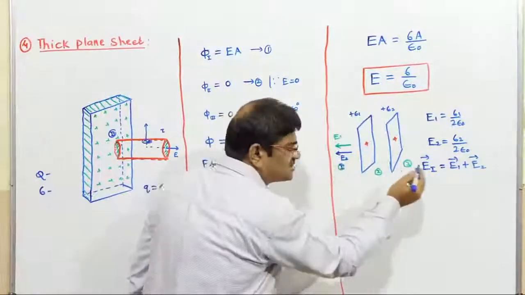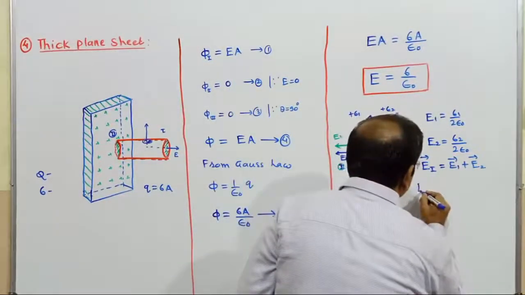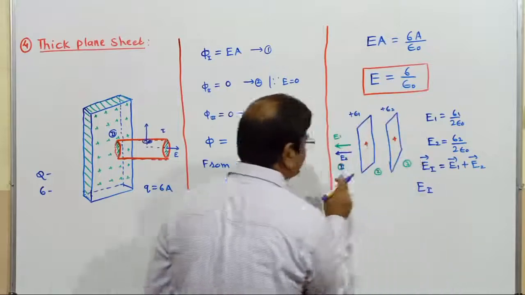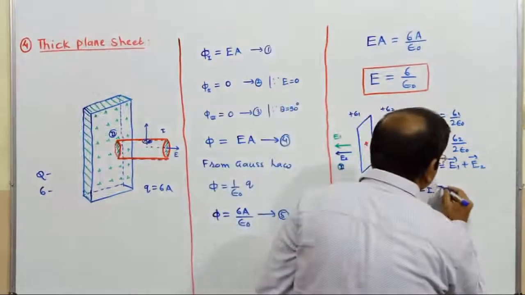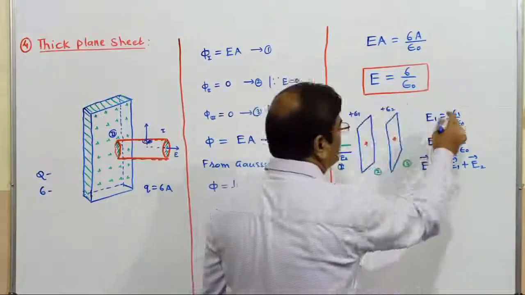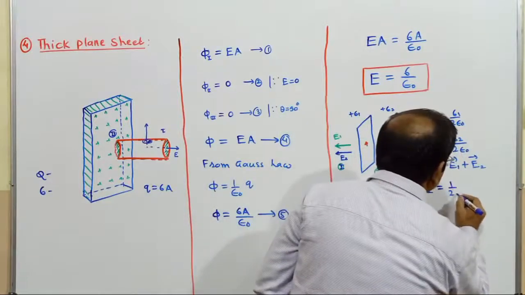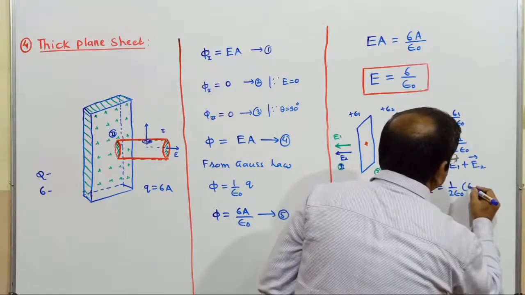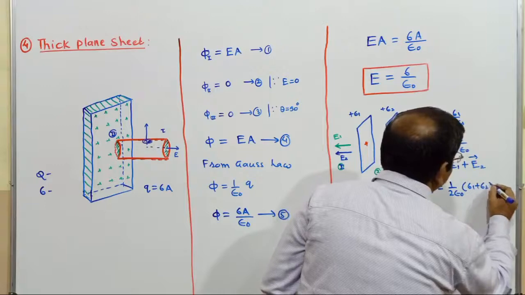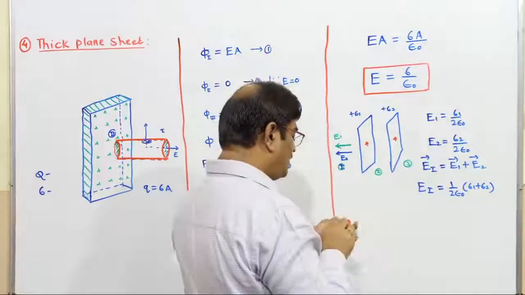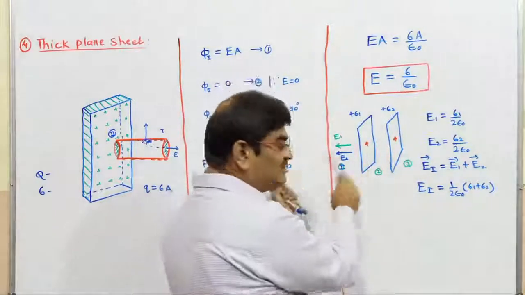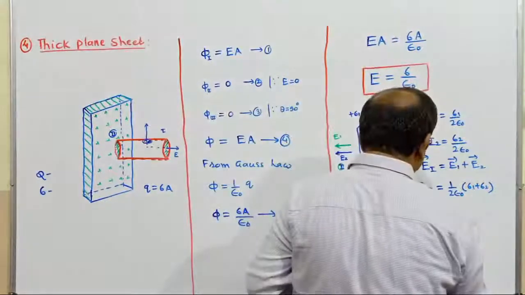They being in the same direction, you can add them. So the electric intensity at the first place, I am getting 1 upon 2 epsilon 0 common, sigma 1 plus sigma 2. This I got outside, on this side. Remember, outside and this side.